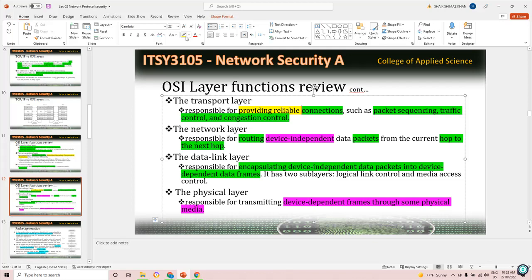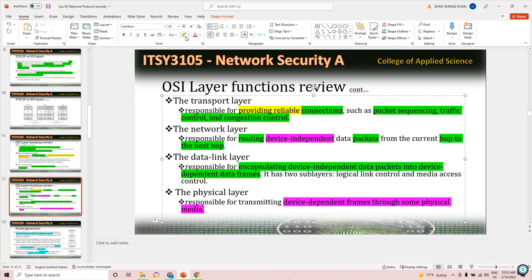So packet sequencing, traffic control, congestion control. And if any packet has not reached, sending it again. These are the responsibilities of the transport layer.